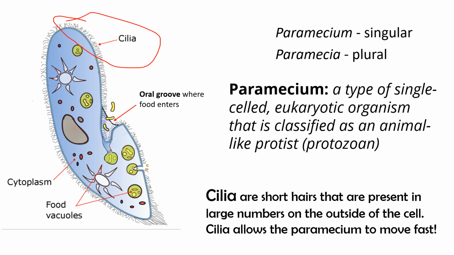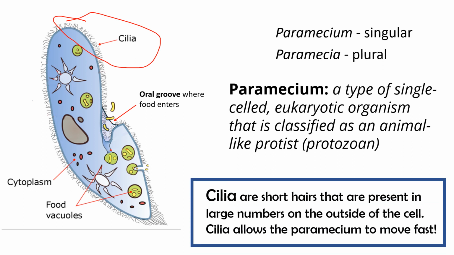But what I'd like for you to do with this slide is to go ahead and define the word cilia. Cilia are short hairs that are present in large numbers, and obviously you can see that this thing is covered in them on the outside of the cell. It allows the Paramecium to move fast. They also feel out their environment.